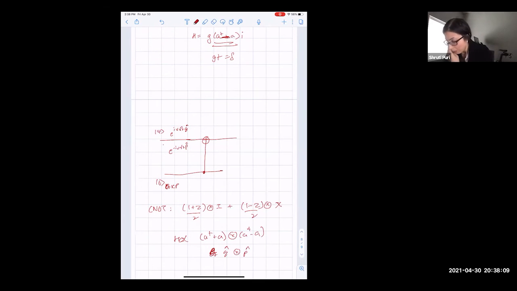Okay, once I do this, again, you can do the math. It's just commutation of things through displacements. If you just sit down with it for 10 minutes, it'll be very trivial to see. So if you do this, then basically the state that comes out inherits the displacement from this guy.